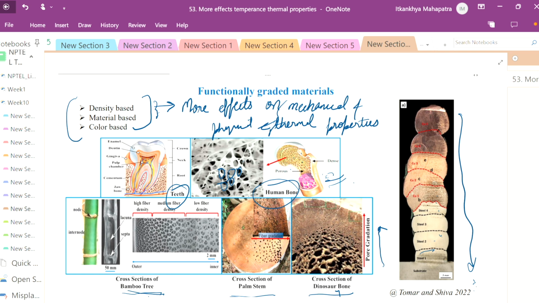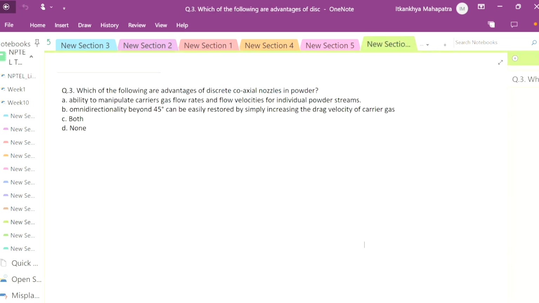Okay, now the next question. These are some of the theory questions related to what we just discussed. First: what are the advantages of discrete coaxial nozzles in powder feed based mechanism?